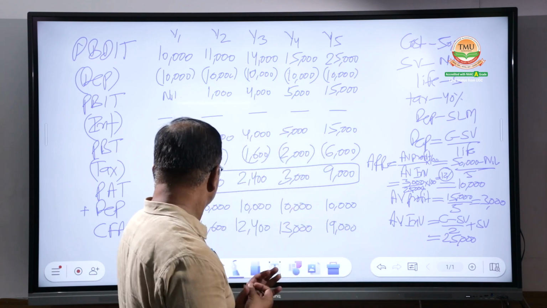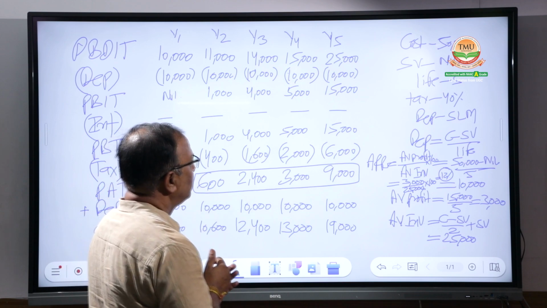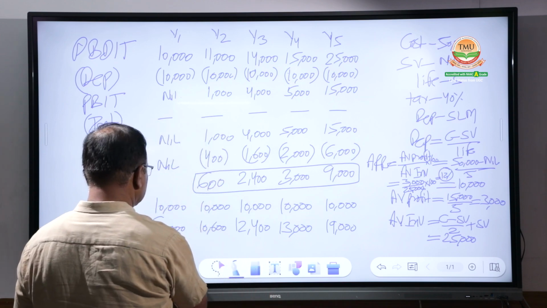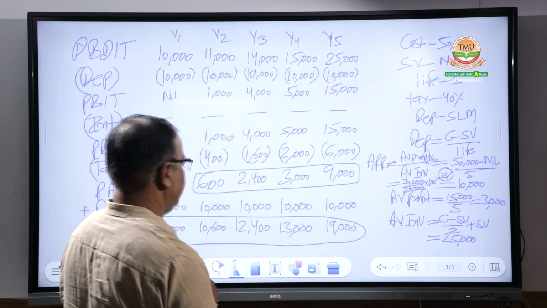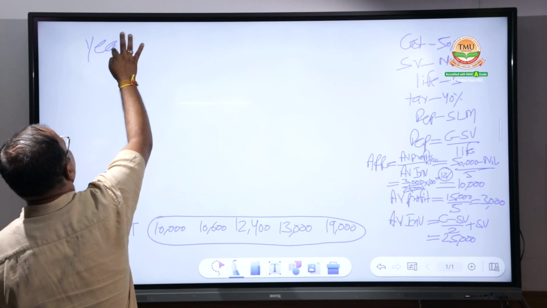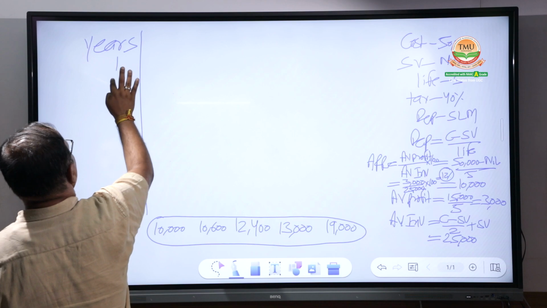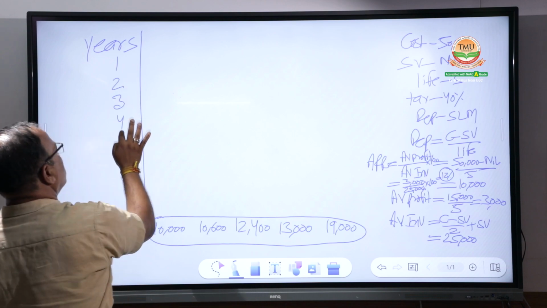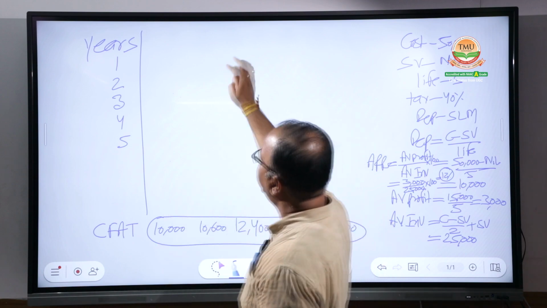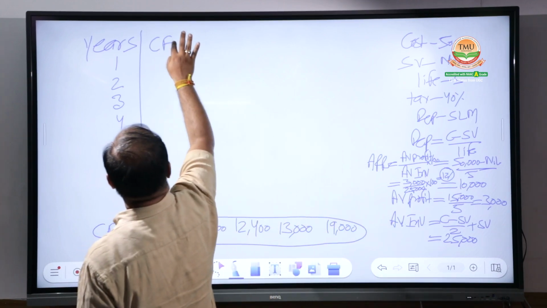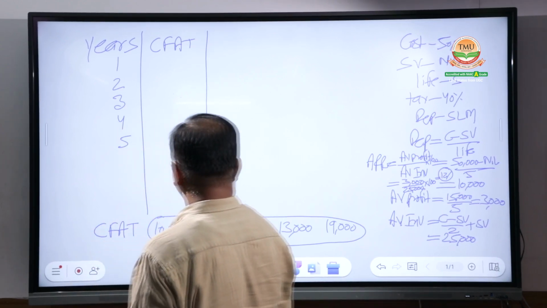Now, to recover the cost, we have to use this CFAT. 1, 2, 3, 4, and 5. They are years. And here we will write cash flow after tax.